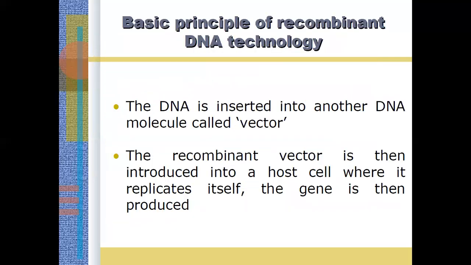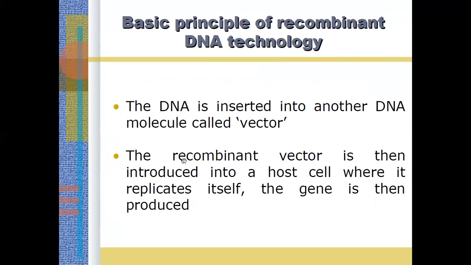Now, what are the basic principles of recombinant DNA technology, or what are the steps of RDT? First, DNA is inserted into another DNA molecule. From the donor organism, we take out the DNA, and then that DNA is inserted into a vector molecule, which is also a DNA molecule in nature. In that vector, a particular DNA of interest is inserted first.